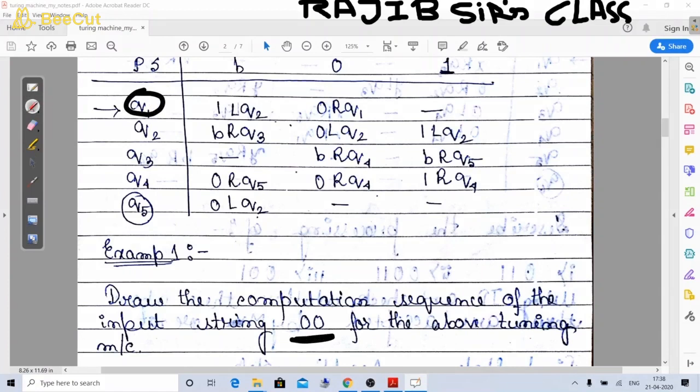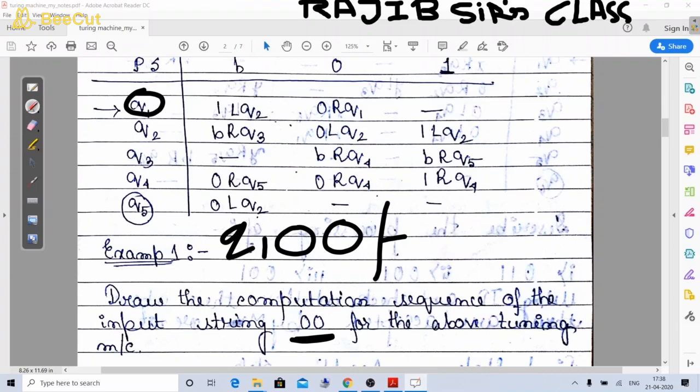So how can it be written? See, our start state is Q1, okay. So we have a Q1, and then we need to apply those 00. These two are the input symbols, okay. Now if we apply 0, and you know that the ID move is denoted by this symbol, we apply 0 upon q1.